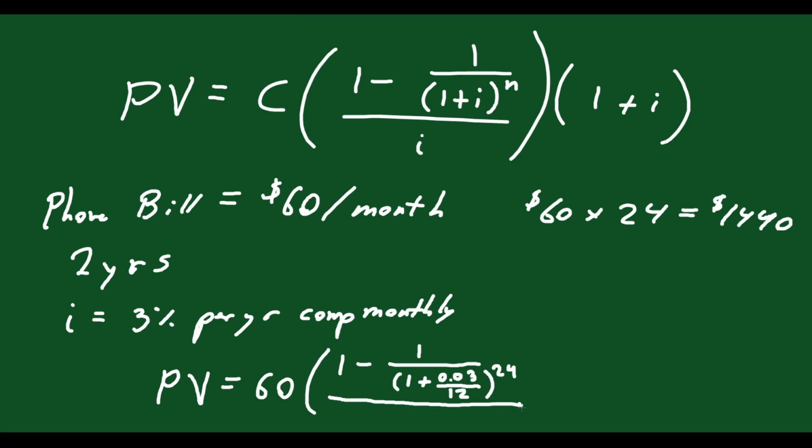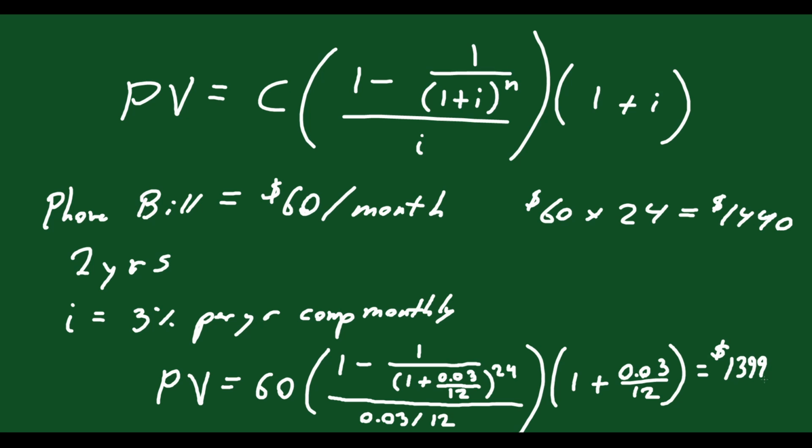Divided by I, so divided by 0.03 over 12, multiplied by 1 plus I. I again is 0.03 over 12. Okay? Let's calculate this now. If you calculate this, you're going to get an answer of $1,399.45. So it is slightly less than $1,440. So that's an answer that you would expect to get.